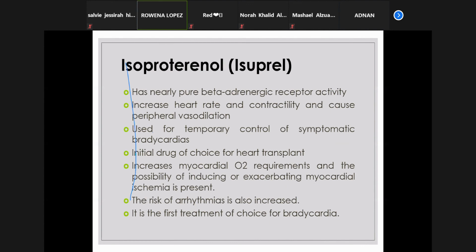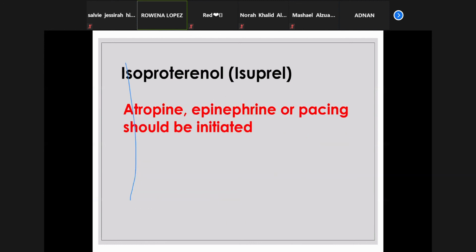It actually increases myocardial oxygen requirements, and the possibility of inducing or exacerbating myocardial ischemia is present. The risk of arrhythmias is also increased. Atropine, epinephrine, or pacing, the first treatment of choice for bradycardia, should be initiated before administering isoproterenol.